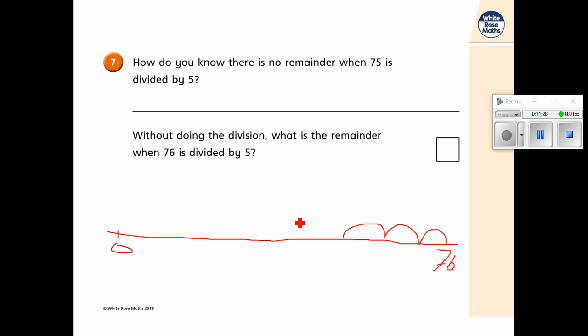So if we're starting at 76, then the last time we take away 5, we are not going to get to 0. We are going to get down to 1. So question number 7, the answer is simply 1.